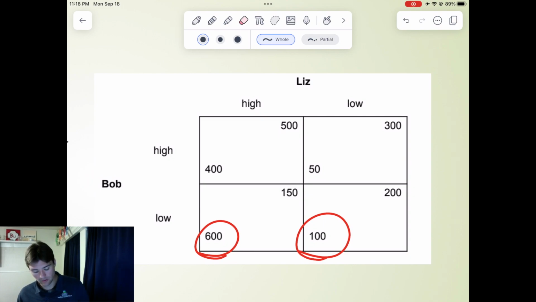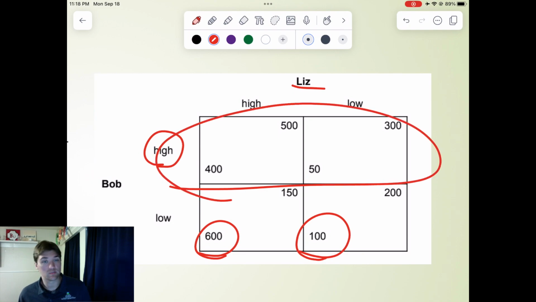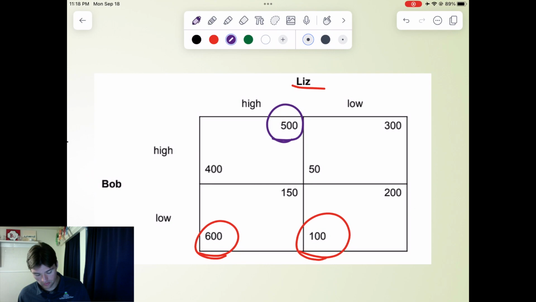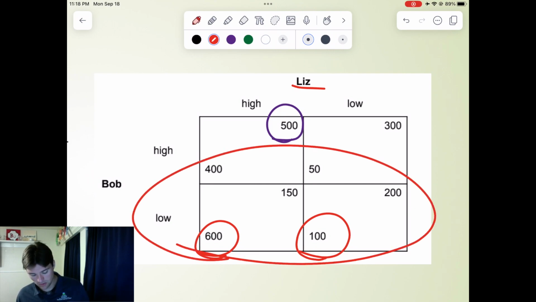Now, if we're Liz, okay, and Bob were to choose high, what's better for Liz? Now, Liz is on top, so Liz's numbers are on top. So therefore, what's better for Liz? 500 or 300? That would be 500, right? And then if Bob were to choose low, what's better for Liz? 200.